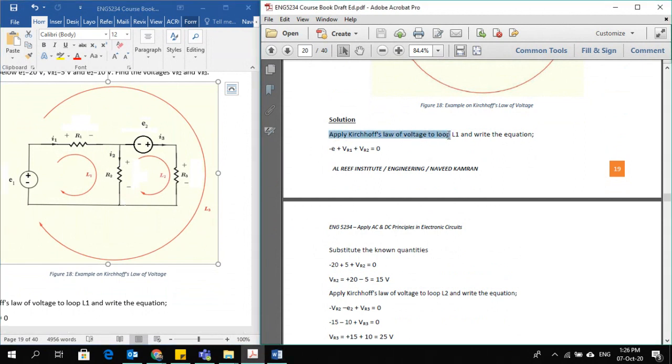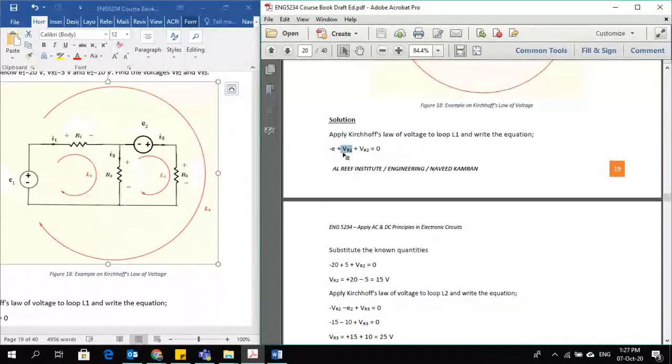Apply Kirchhoff's law of voltage to loop 1 and write the equation. So this is loop 1. Go clockwise. The first component we came across is the voltage source with negative polarity first, so I will write minus E here. Moving on, I can see resistor R1 with positive polarity first, so I will write VR1.